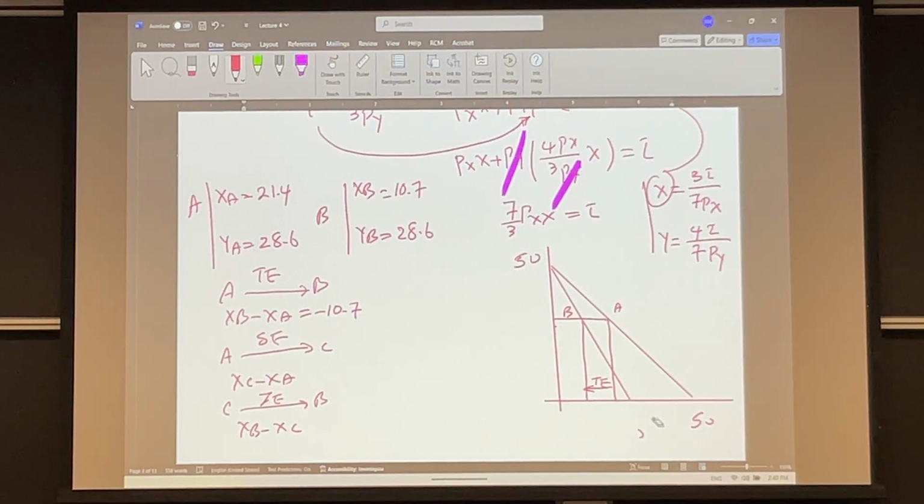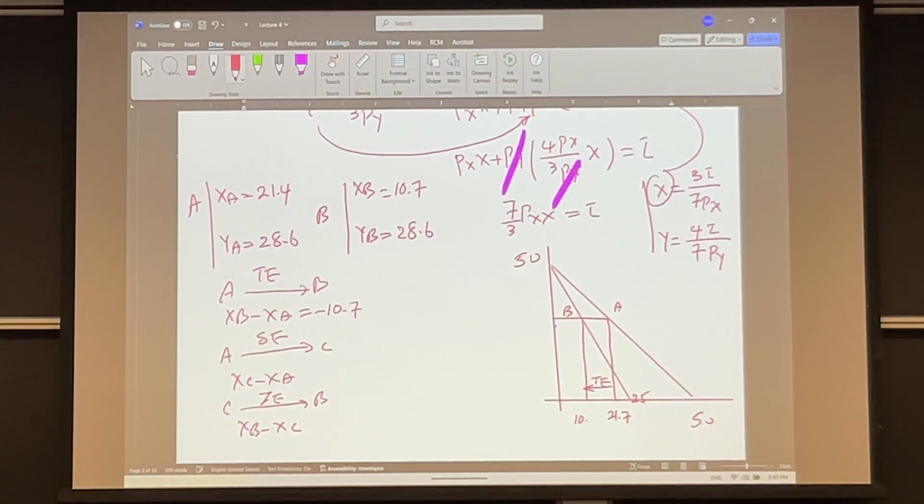This is 21.4. That's the total effect of the price change. We already have those two points, so those are observed. We can see that 10.7 reduction.